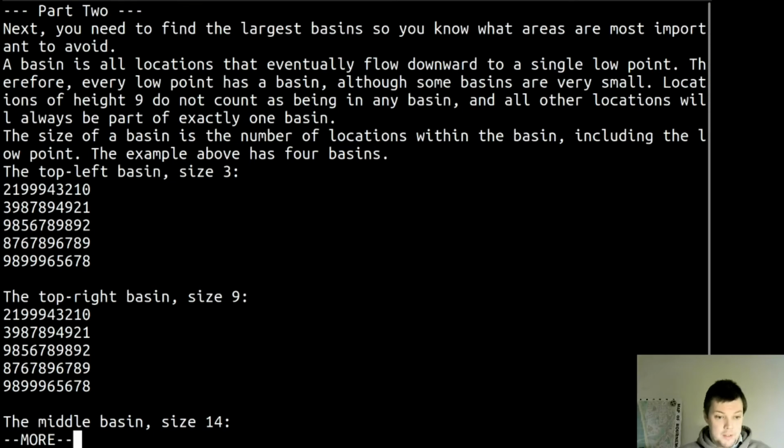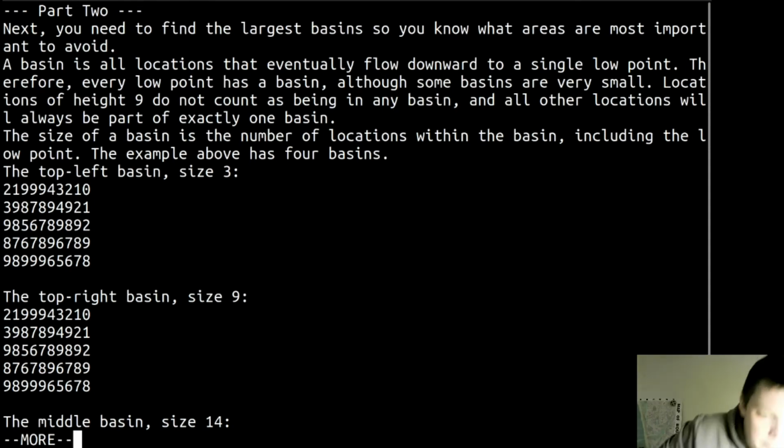The top left basin, size 3. Oh, well, this would make more sense in color, wouldn't it? Yes, otherwise all of the basins look exactly the same. So if I look at this though, oh yeah, the top left basin of size 3 is 3, 2 and 1 because those are surrounded by 9s and they flow downwards to the 1.